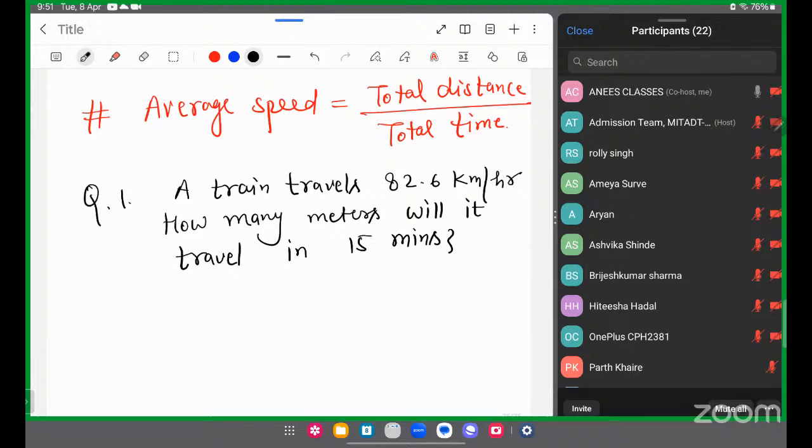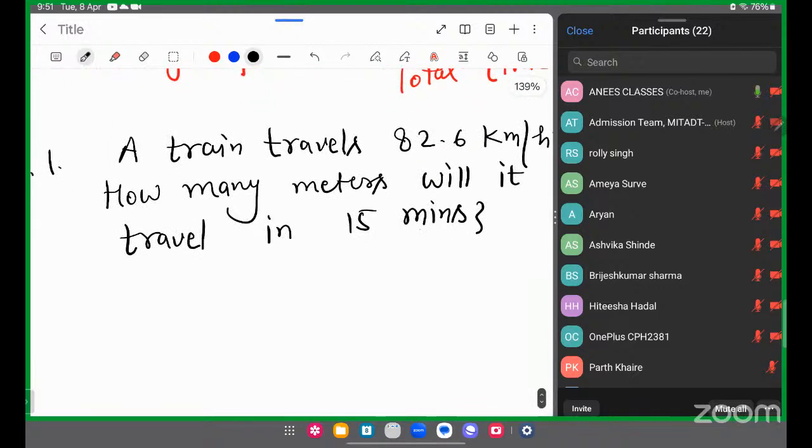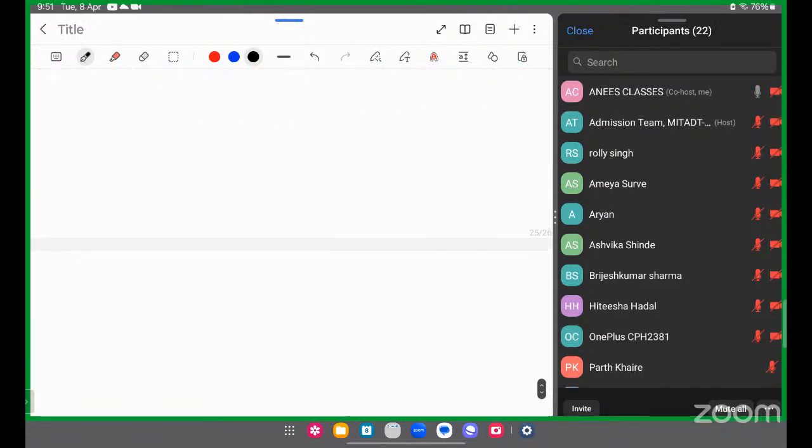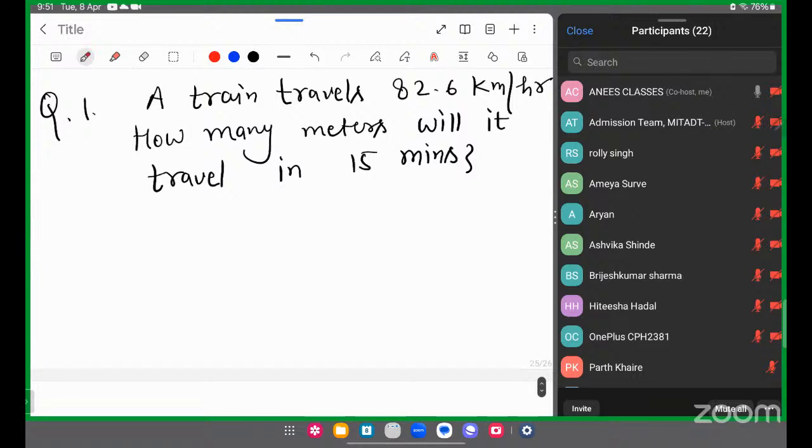Yes. How many? Anyone? Speed is given to us 82.6 kilometer per hour, and we have to find out in 15 minutes how many meter will be covered by it.